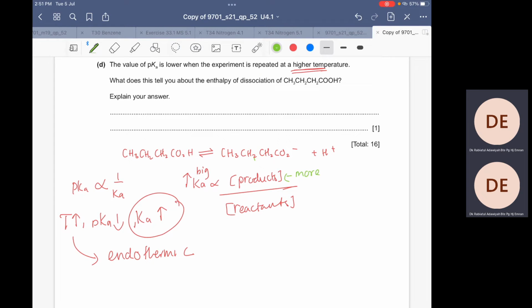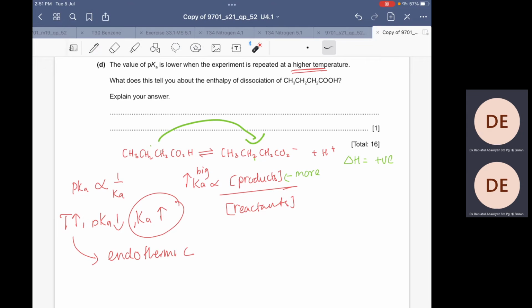More products. Okay, so more products means you are favoring the forward reaction. You produce more products. So the forward reaction must be endothermic.